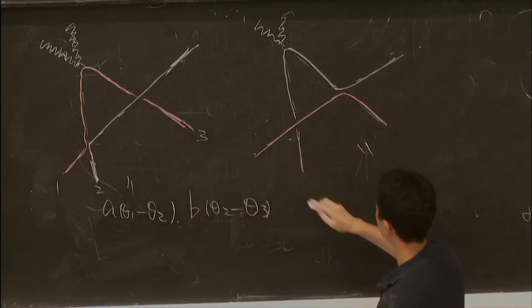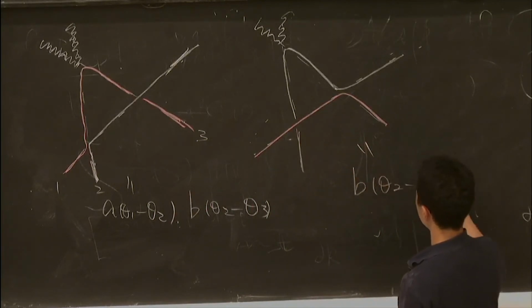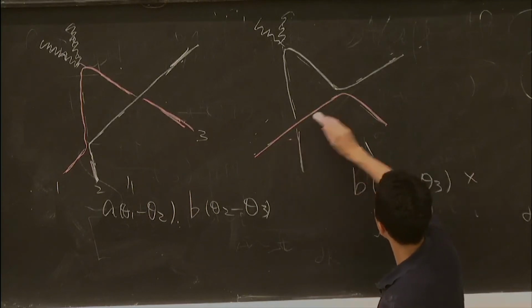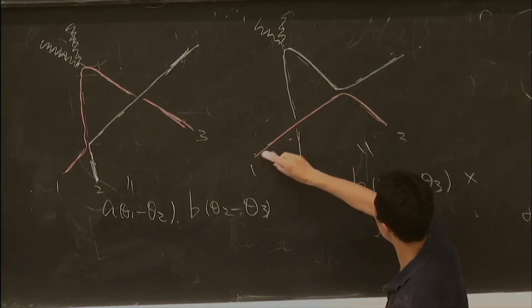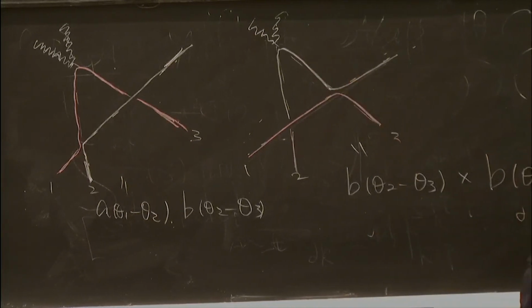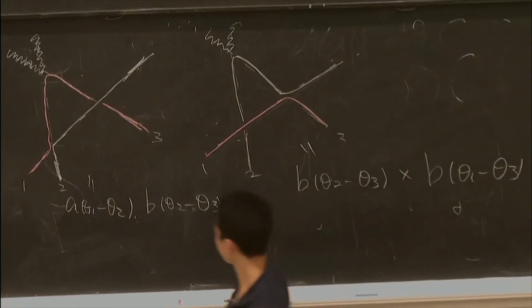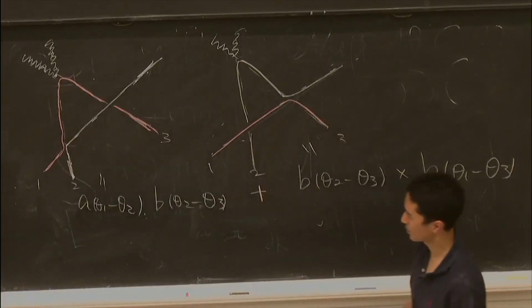And this gives you B of theta 2 minus theta 3 times, what is this? So 1, 2, 3. This is 1 and this is 3. So B of theta 1 minus theta 3. Then you get the equation which equates this with the sum of this and this.